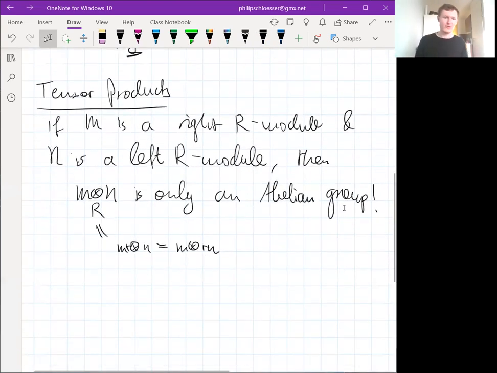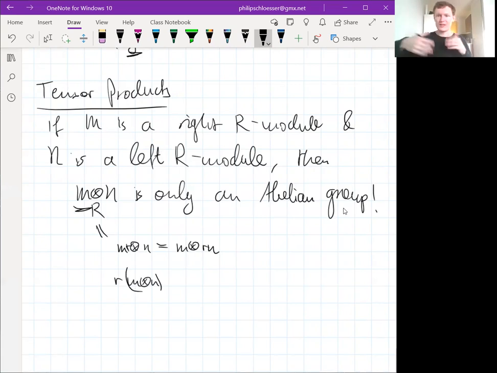It doesn't matter if you multiply this thing on the right with an element or this thing on the left, because this is what we quotient by when we take the tensor product. But note that even this way, we have no way of writing something like this, because M is not a left anything module.